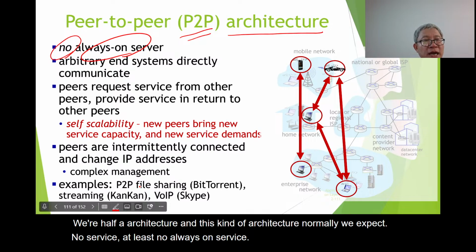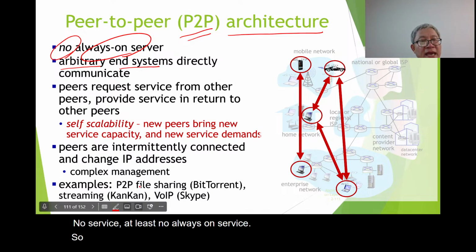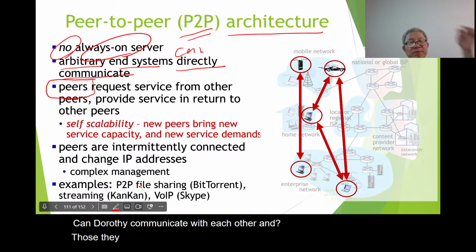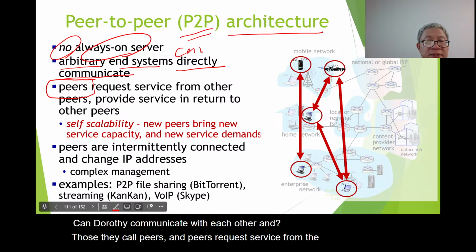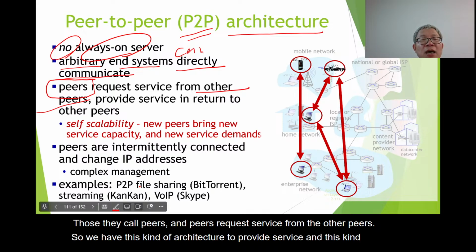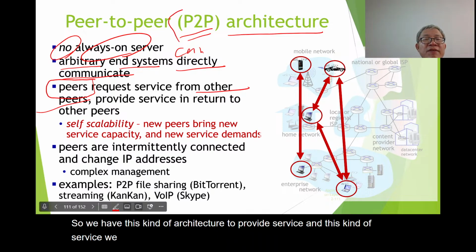So arbitrary end systems can directly communicate with each other, and those they call peers. And peers request service from the other peers. So we have this kind of architecture to provide service, and this kind of service we call P2P service.